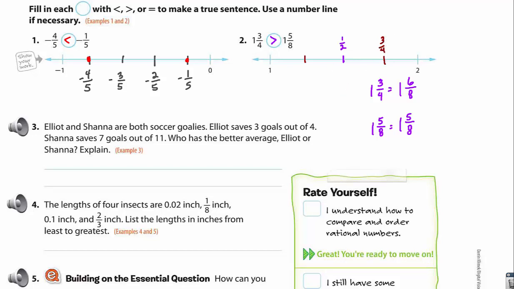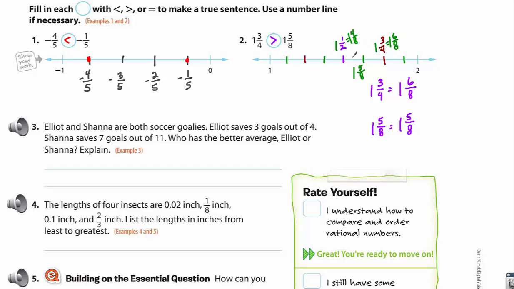And if you're going in eighths, there's 1/8, 2/8, 3/8, 4/8, which is the same as a half, 5/8, 6/8, which is the same as 3/4, and 7/8. Now, I should put ones in front of those because they are between 1 and 2, not between 0 and 1. But you get the idea. Again, we're trying to figure out which is bigger. Since they both have 1 as a whole number, then it's the fraction that we compare.